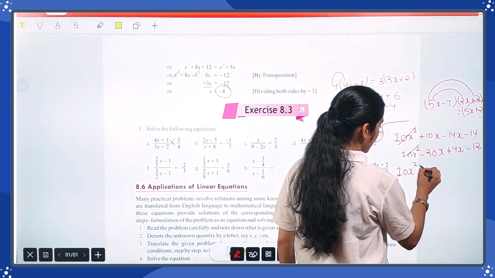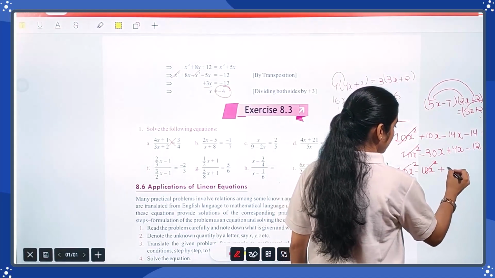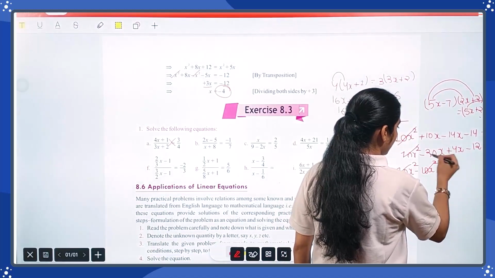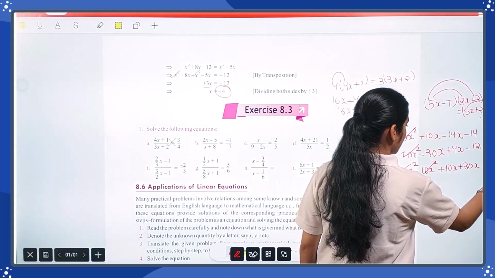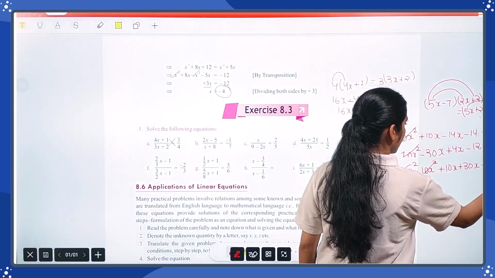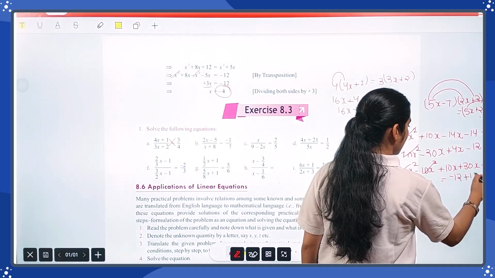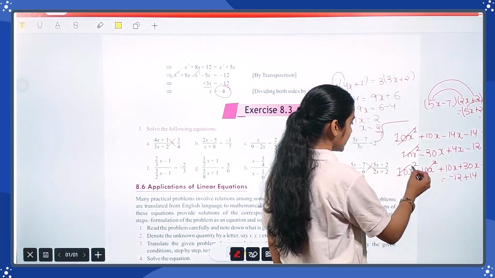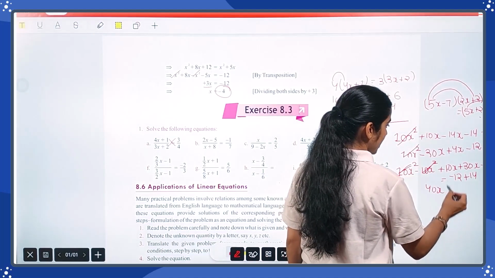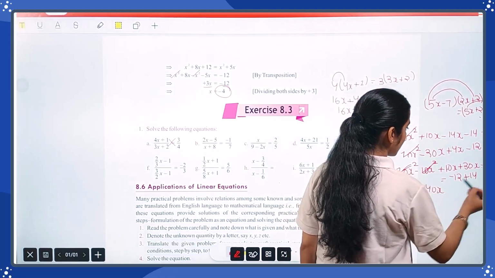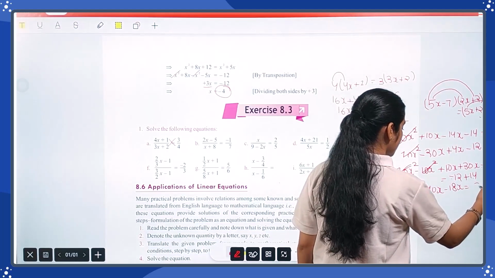Sorry, 10x square minus 10x square is cancelled out, plus 10x, and when we shift this sign to plus 30x, then minus 14x, this will be converted to minus 4x, that is equal to minus 12 and plus 14. 10x square cancels out, plus 10x, 30x, 40x, and minus 14x and minus 4x is minus 18x, that is equal to minus 12 plus 14, which is 2.